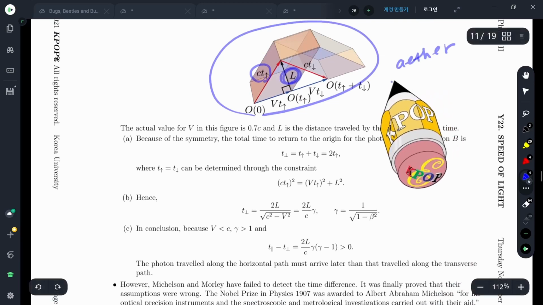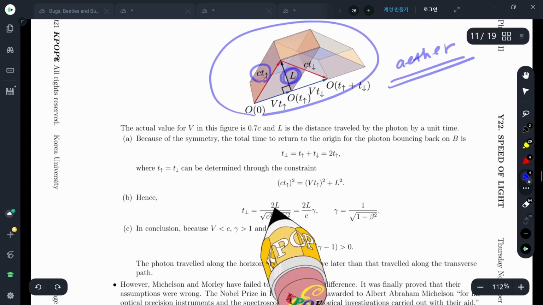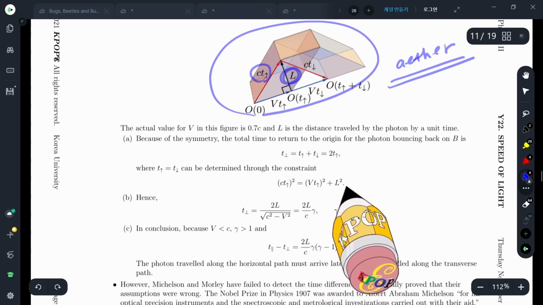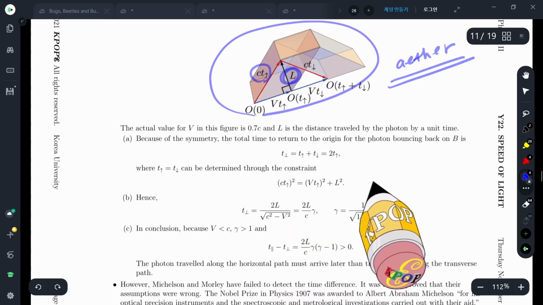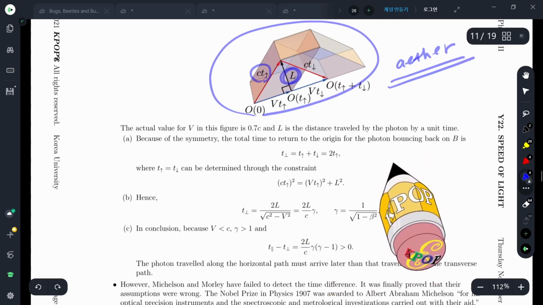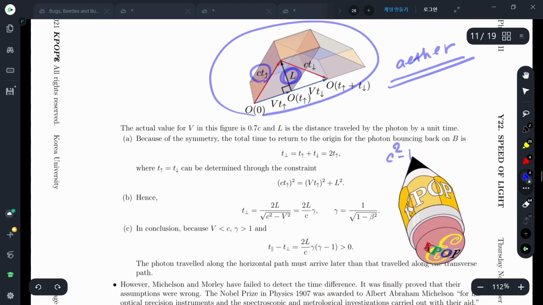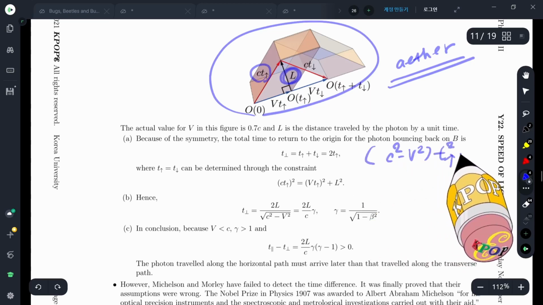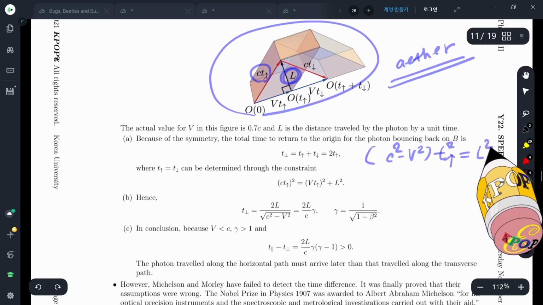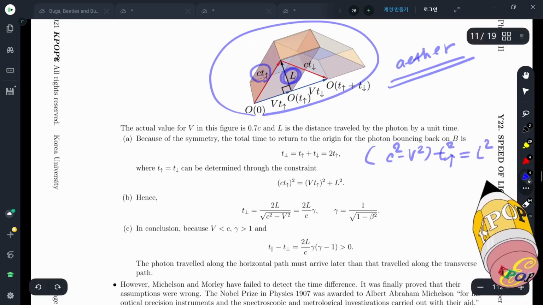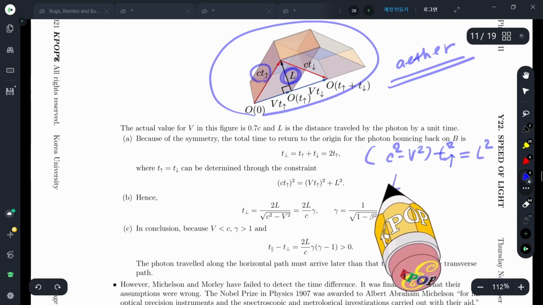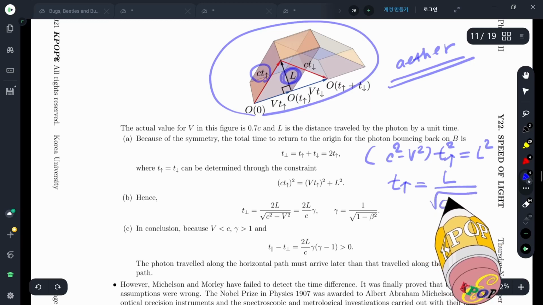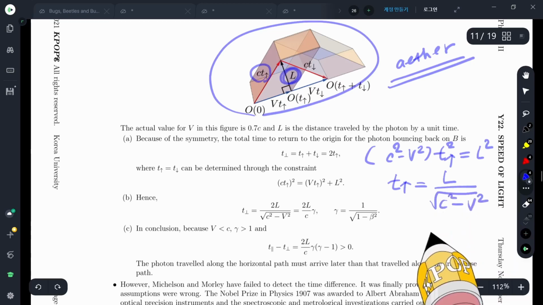For example, if we use the ether rest frame result, we have a right triangle, and we can factor c squared minus v squared times t up squared equals L squared. So t up equals L over the square root of c squared minus v squared.